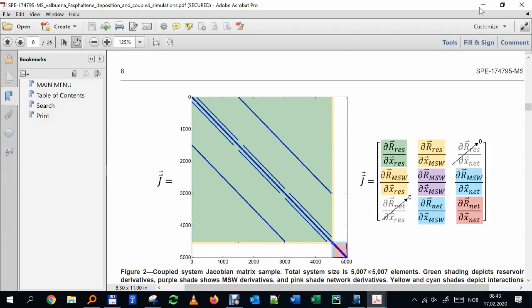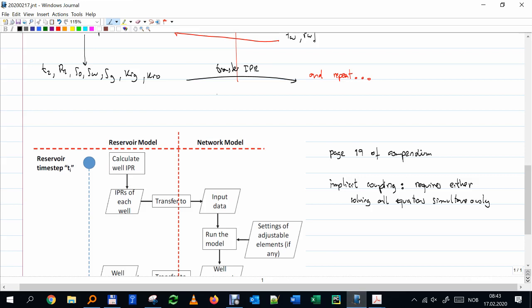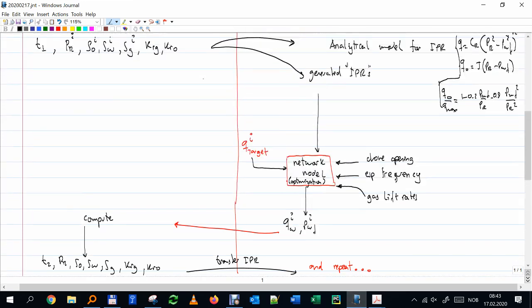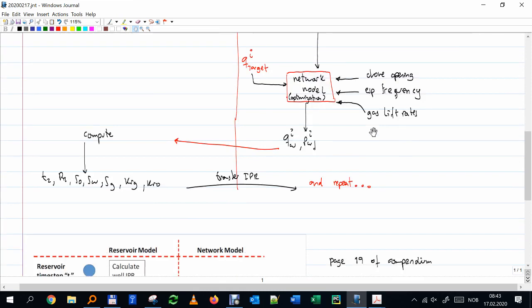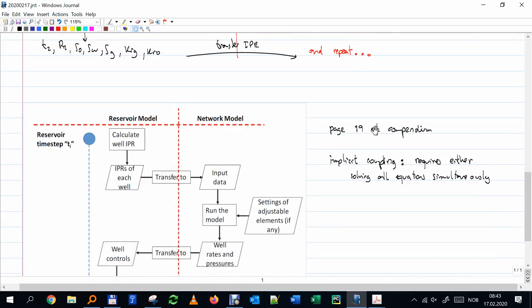Okay, so you try to solve everything at the same time, which might not be suitable if, for example, the two models are from different companies. Okay, they usually don't give you access to the equations, they don't give you access to the source code, so you cannot make that integration. Okay, so in that case you have to do it manually, and then it takes more time. Okay, so basically solving all equations simultaneously.